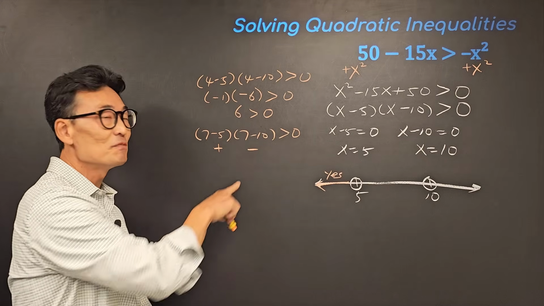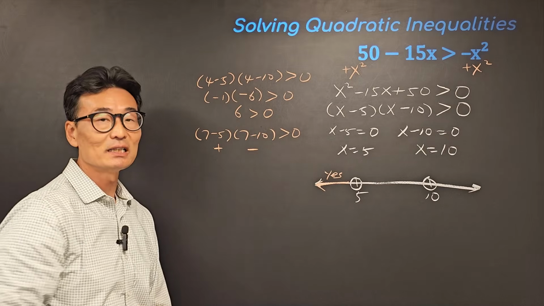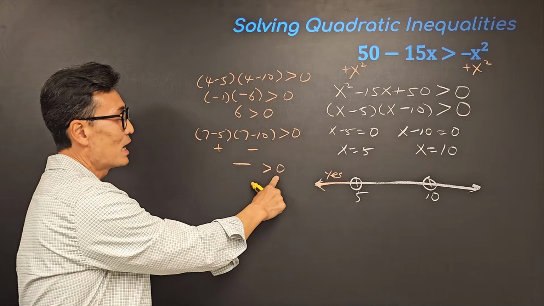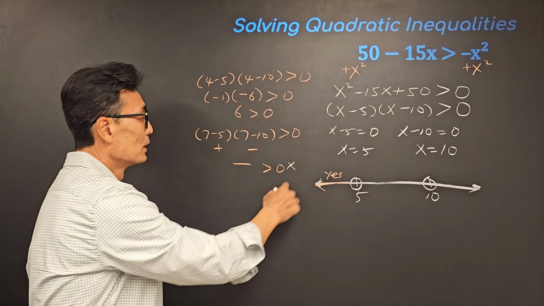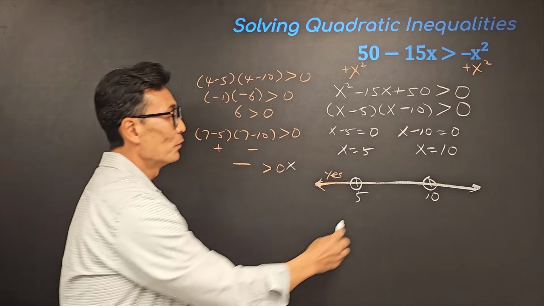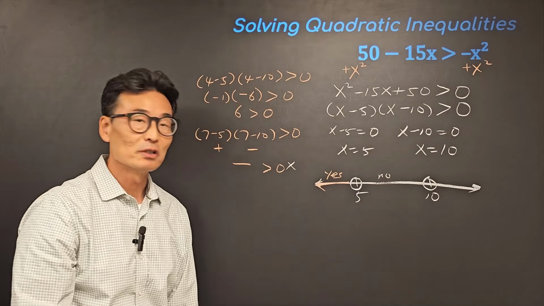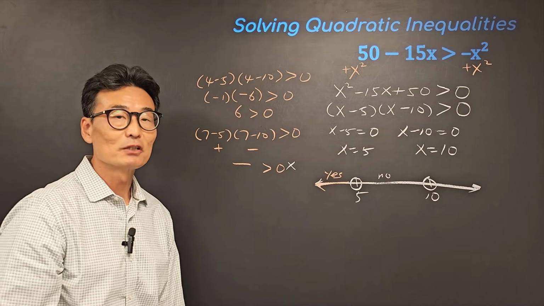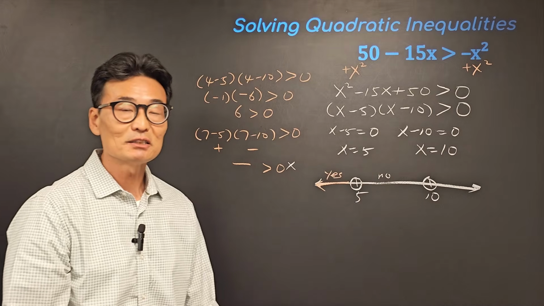Negative number times a positive number times a negative number will be negative, and a negative number is not greater than 0. Therefore, I'm going to put the word no between 5 and 10. Lastly, let's pick a number on the right side of the 10, and let's put 11.